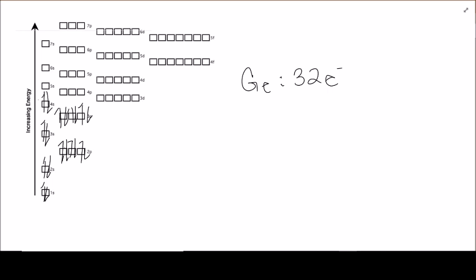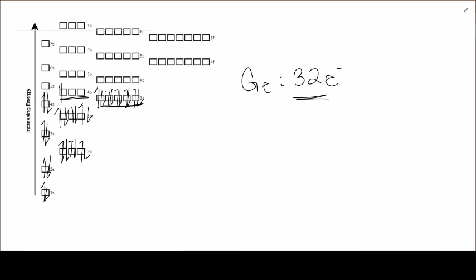Now notice how the 3d orbitals are lower in energy than the 4p orbitals. So we are going to fill those next. 20, 21, 22, 23, 24, 25, 26, 27, 28, 29, 30, and we have 32.